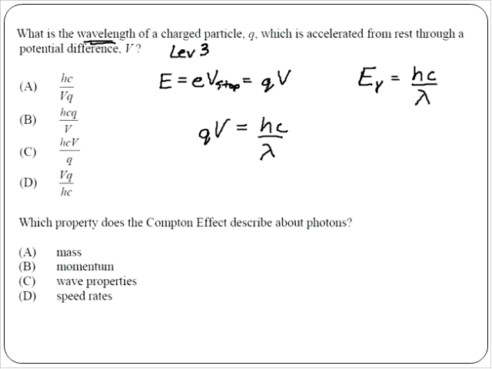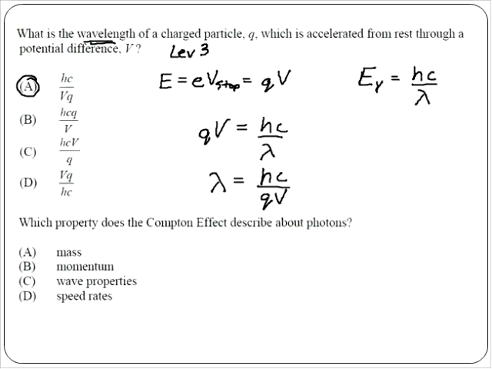So I swapped the top and the bottom, and I got lambda equals hc over qv. Okay, and that happens to be A. That's the way that one works. Okay, it's taking two things that you learned in two different parts of the unit and putting it together. That's what makes it a level 3. Two seemingly unrelated things that actually are related.